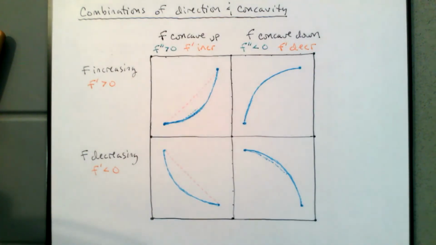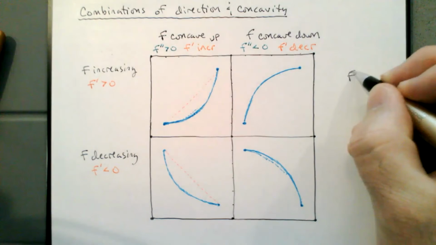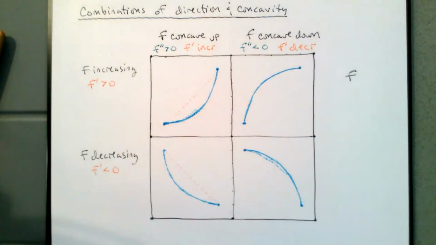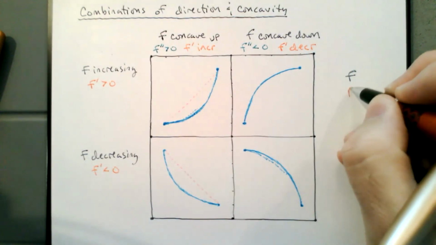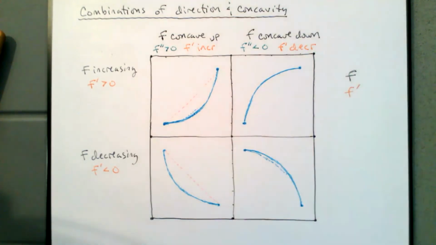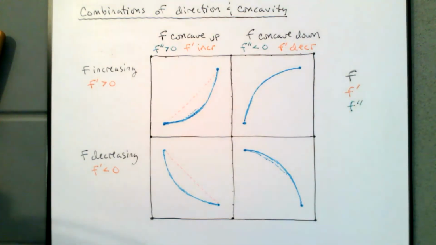Can you go one more time, the bottom left and bottom right? So the function is decreasing. F prime will be negative, correct? Correct. If the function is decreasing, F prime will be negative. And then the F double prime will be concave down.